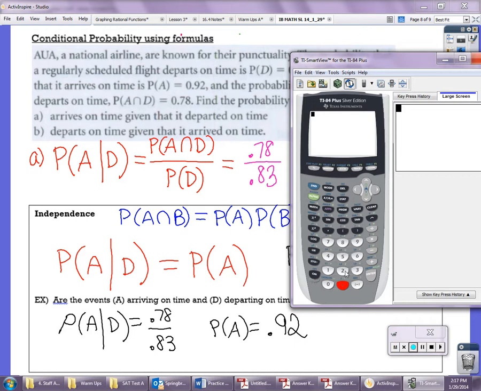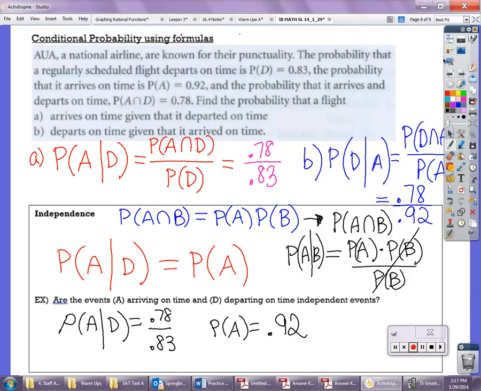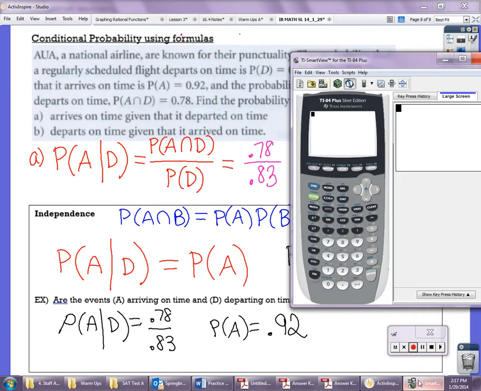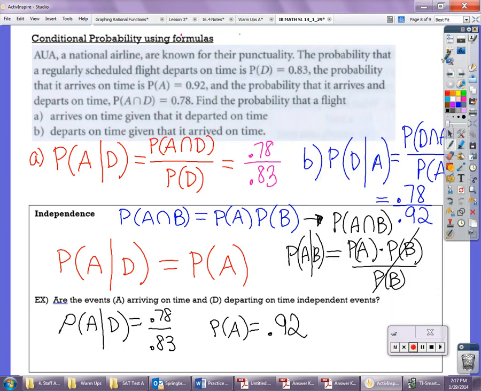This guy is frozen. Let's try it one more time. 0.78. Okay, just kidding. So these are not equal values, therefore not independent. Or you could have done it the other way, the probability of D given A, because that was part B. You could have used that to prove it also. They both do the same thing.